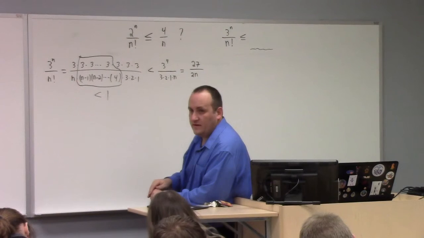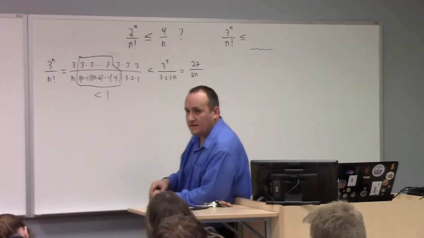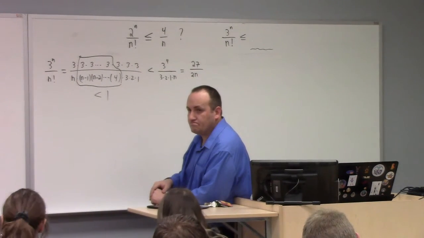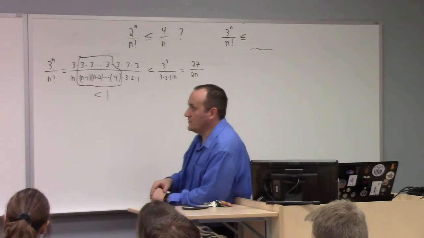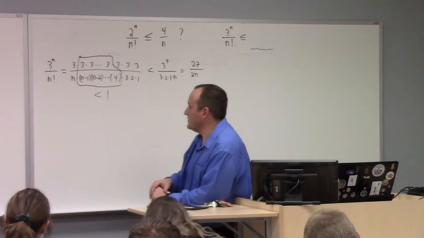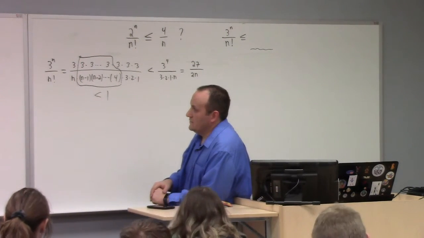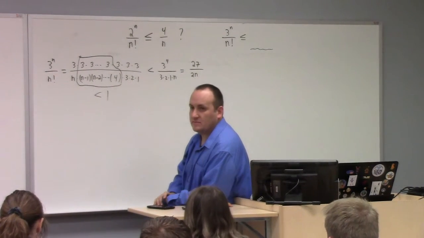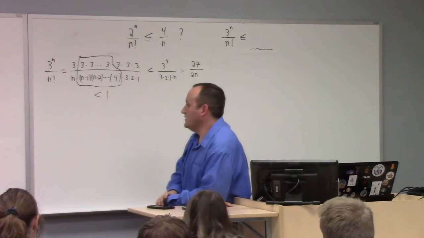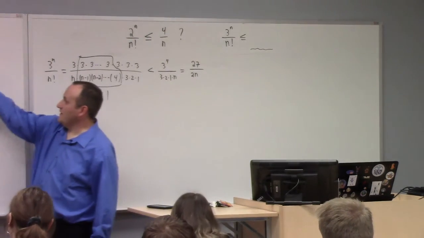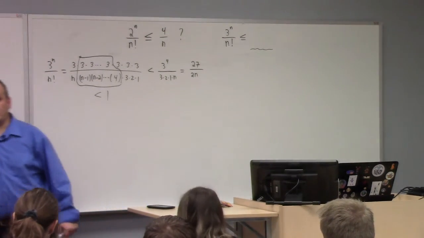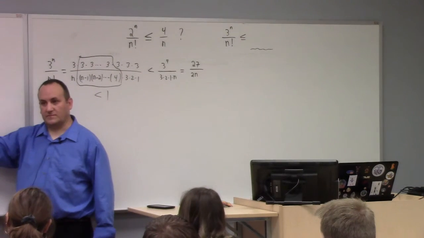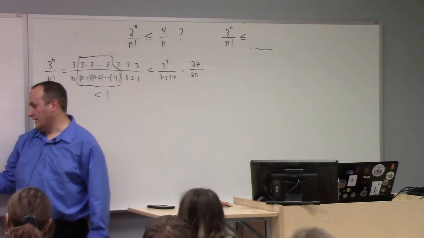So I hope some of you saw that when I was about 60% of the way through it. It takes me a while to shake myself loose of my various misconceptions about how to process that kind of fraction. But once you see things clearly, you notice if n is greater than or equal to 5, I can write this, and then once I can write that, I get this estimate.